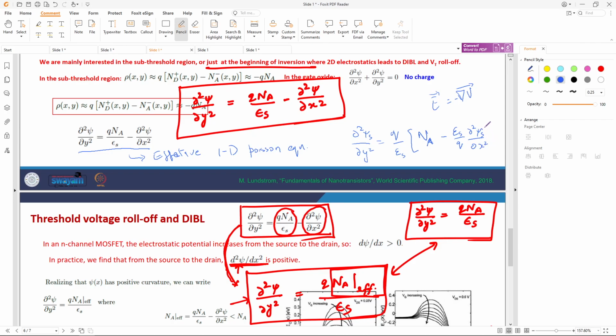Is this clear? Now I know this quantity is positive. These two are positive constants. So essentially the charge in this bracket is coming down. It is getting reduced.